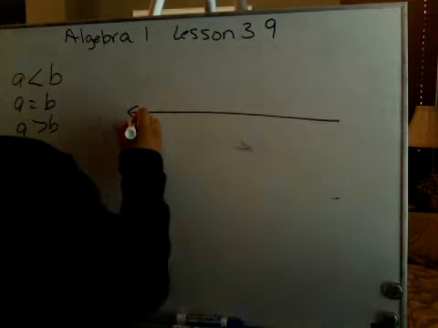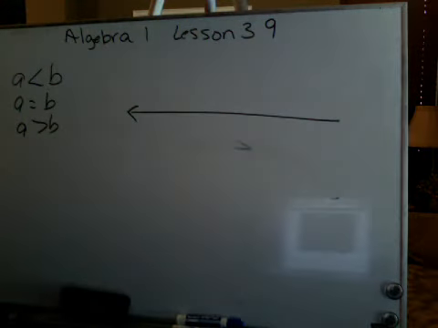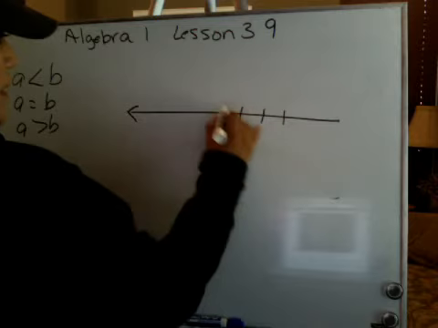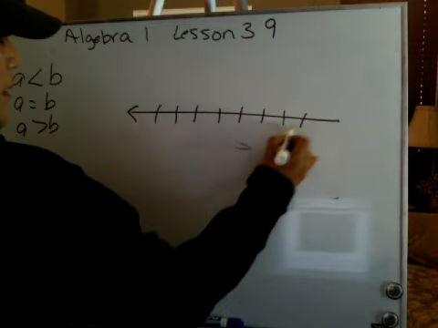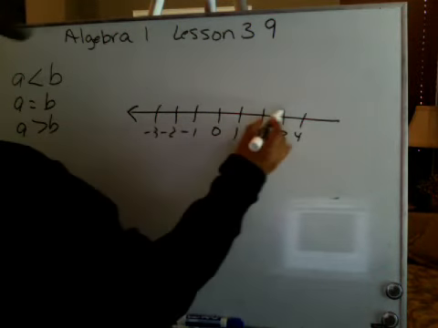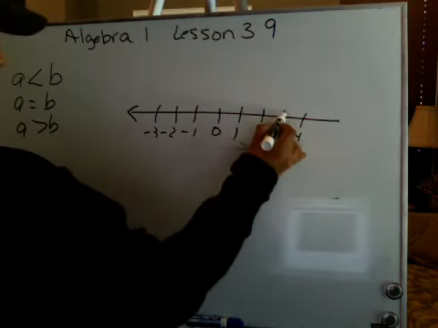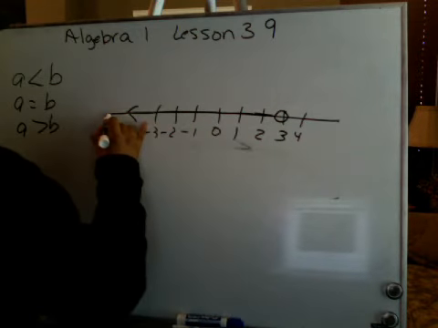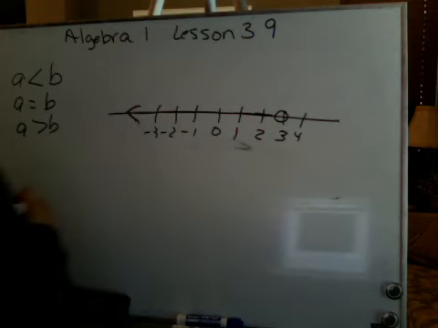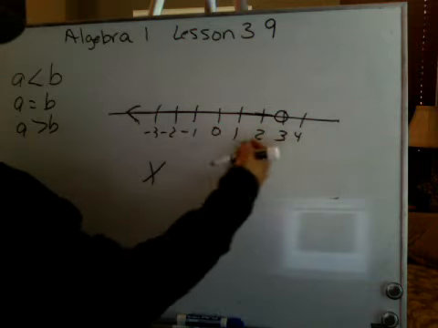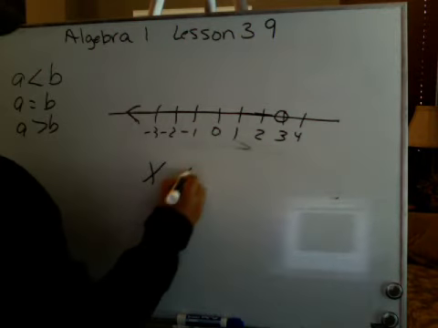So our graph looks like an open circle, going this way. Basically this graph says x is to the left of 3, so it's less than 3.